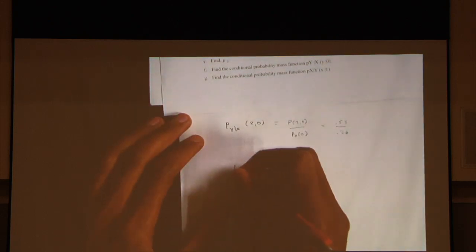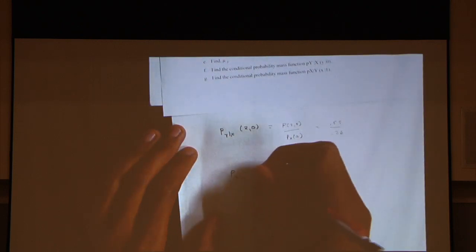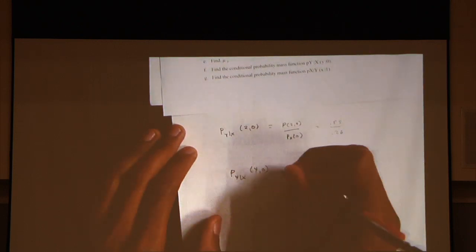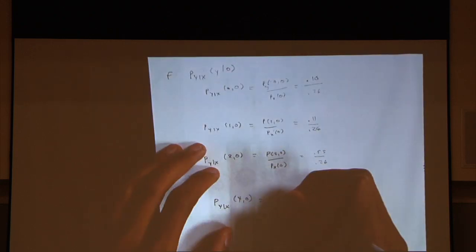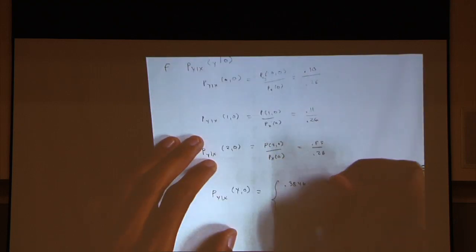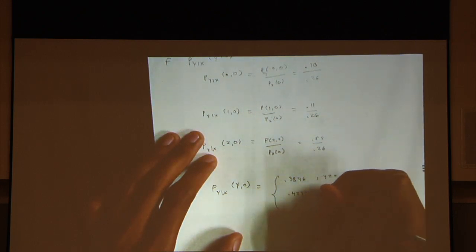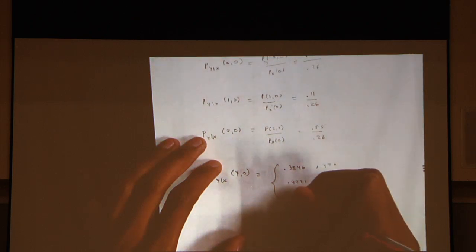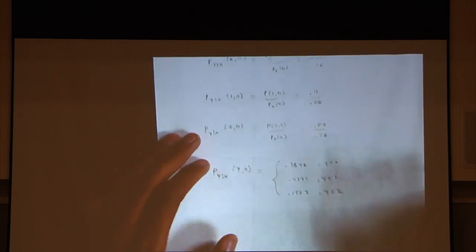So then the probability mass function is, about, this is what I got. 0.3846 when y is 0, 0.4231 when y is 1, and 0.1923 when y is 2.